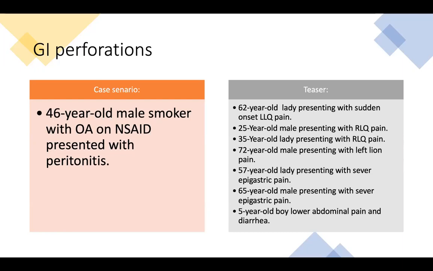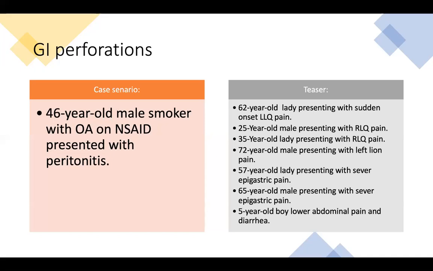I've seen people referred to me as cholecystitis with right upper quadrant pain, but in reality they have lower lobe pneumonia. So you need to think about that.